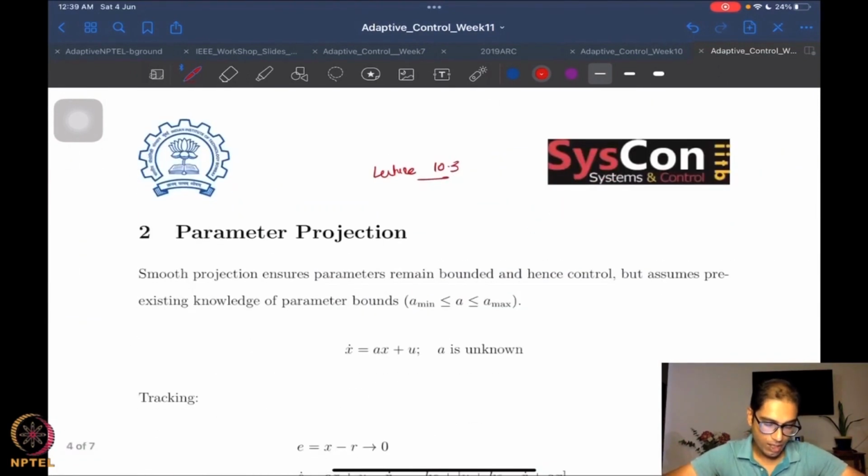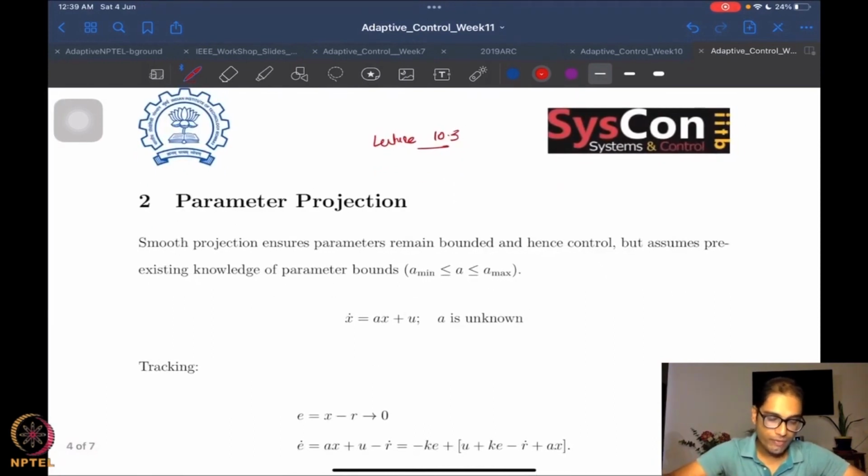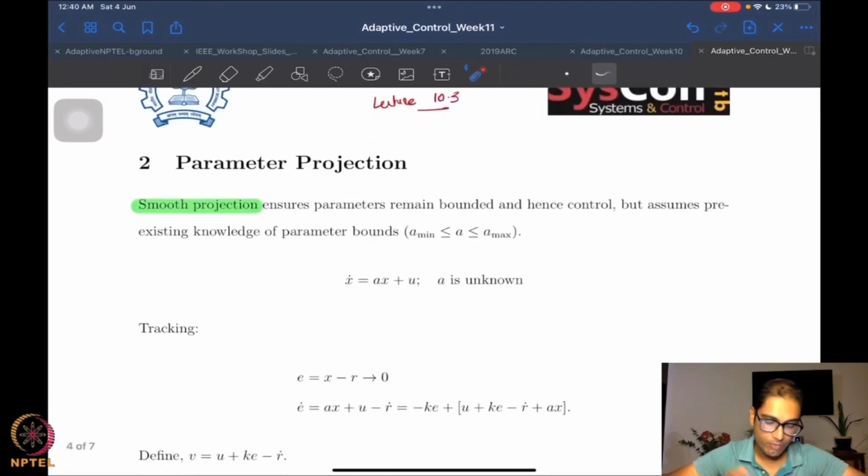So what is parameter projection? What we are looking at is called smooth projection, right? There is also a non-smooth version, which we are not looking at right now, but yes, a non-smooth version also exists. So we are looking at smooth projection. This ensures that the parameters remain bounded within pre-specified parameter bounds.